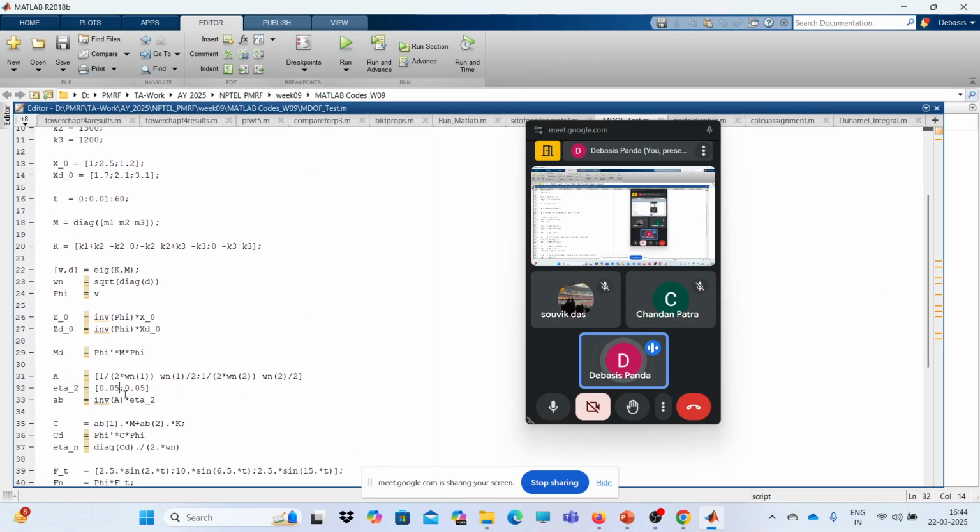Instead of 0.05, let's say we use 2% damping, 0.02. Obviously, since I'm decreasing the damping value, the response will increase, right?